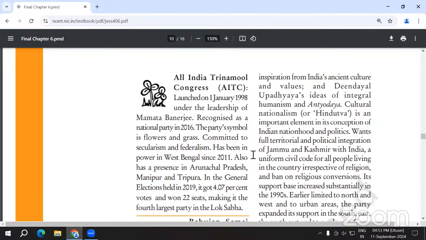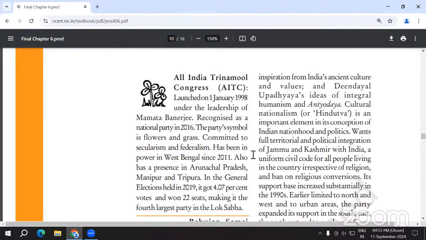It was a program for solving the food problem. Antyodaya Anna Yojana means those who are poor were given food grains. That was a policy started earlier. Whether it is continuing or not, I don't know. But he gave a principle called integral humanism and Antyodaya.